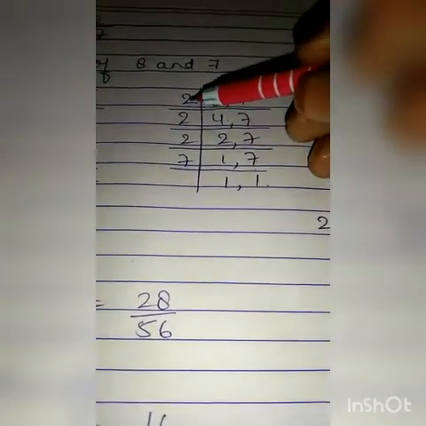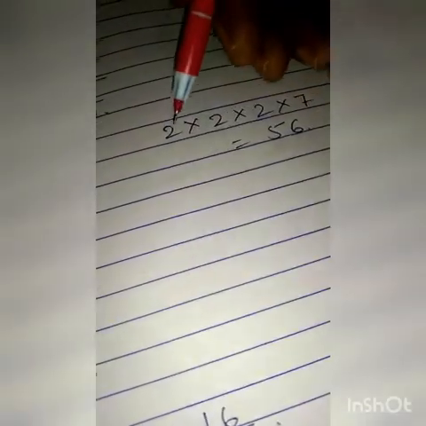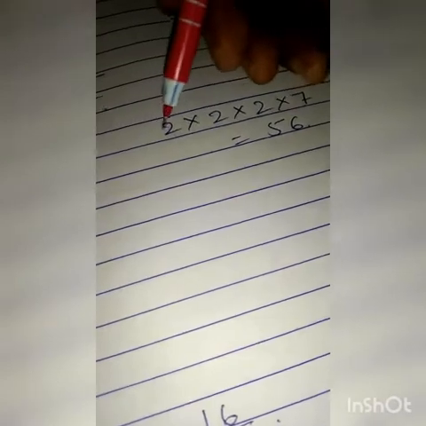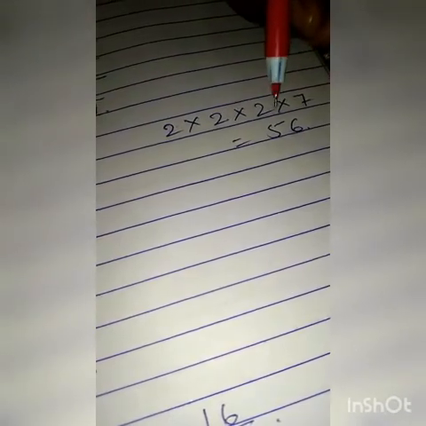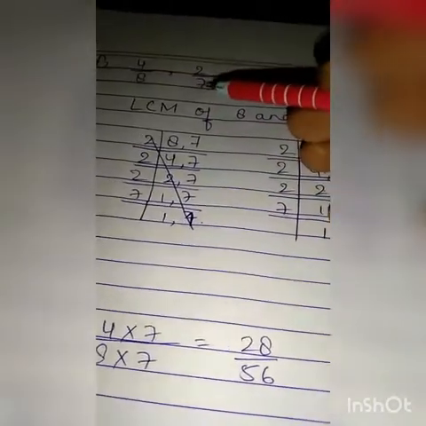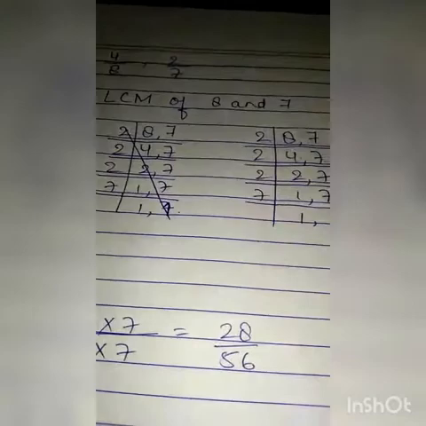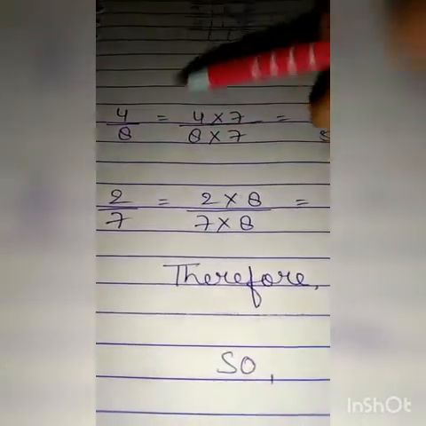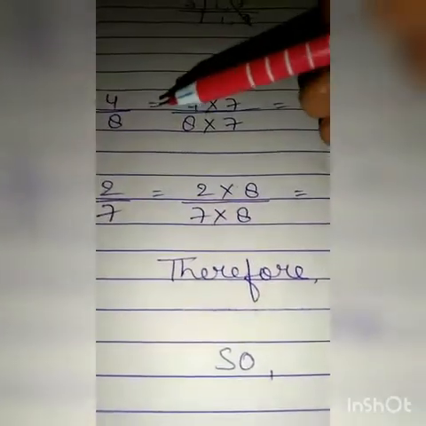So what are the multiples here? 2, 2, 2 and 7. Now we will multiply 2 by 2, again 2 and then 7. 2 2s are 4, 4 2s are 8 and 8 7s are 56. Now we will make both the fractions' denominators equal to 56. How? We can see here 4 upon 8 is the first fraction and 2 upon 7 is the second fraction.